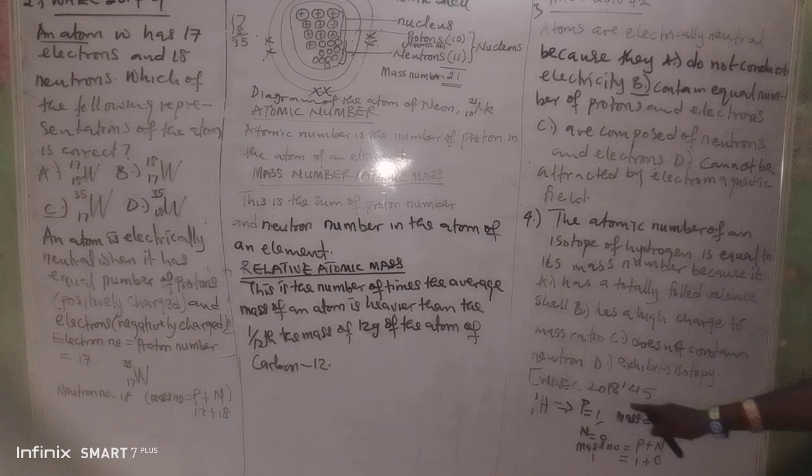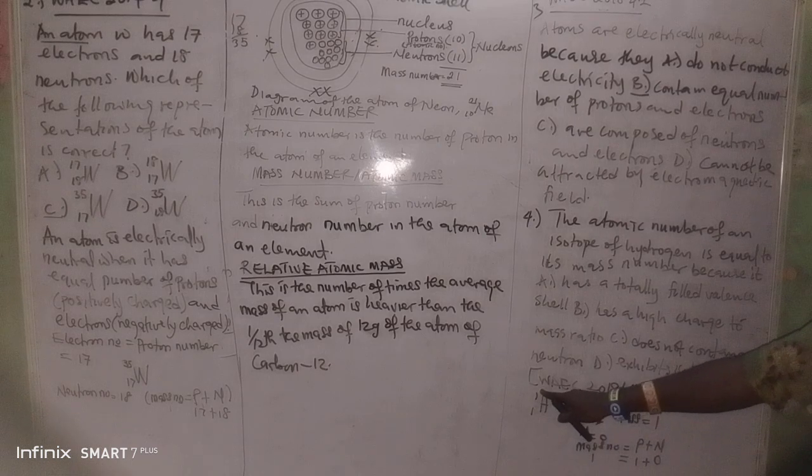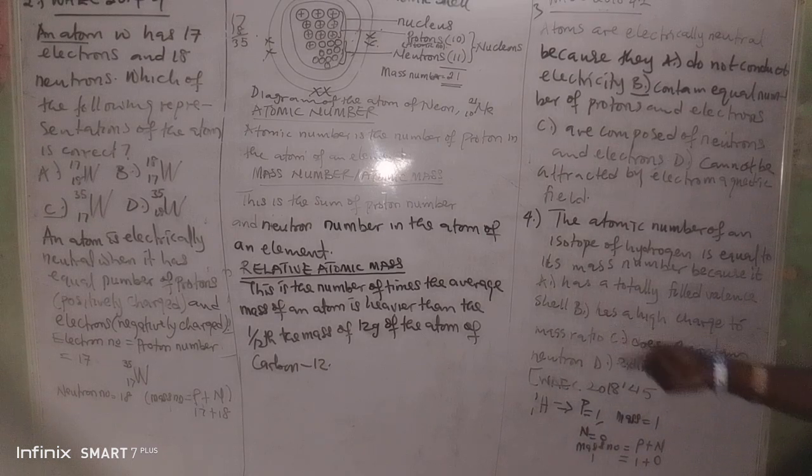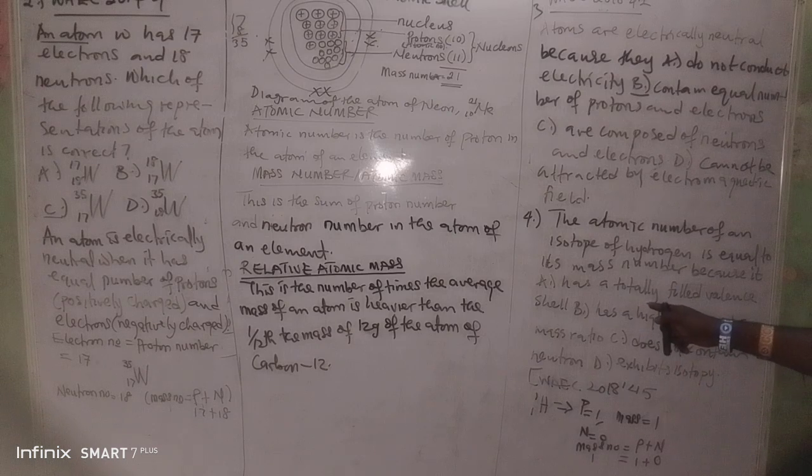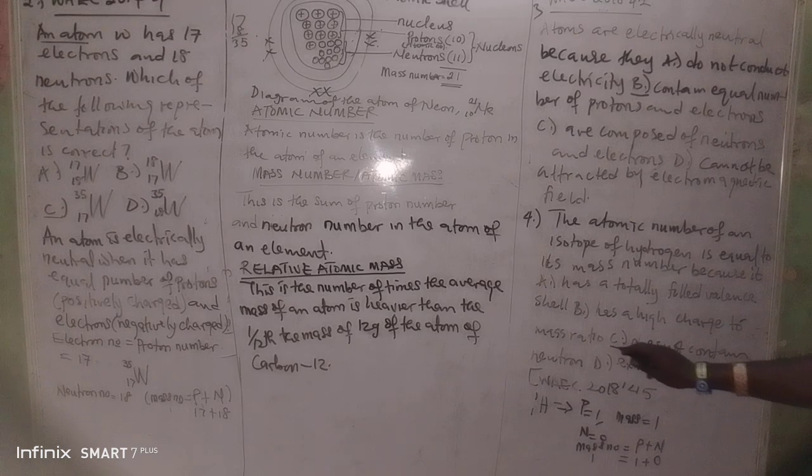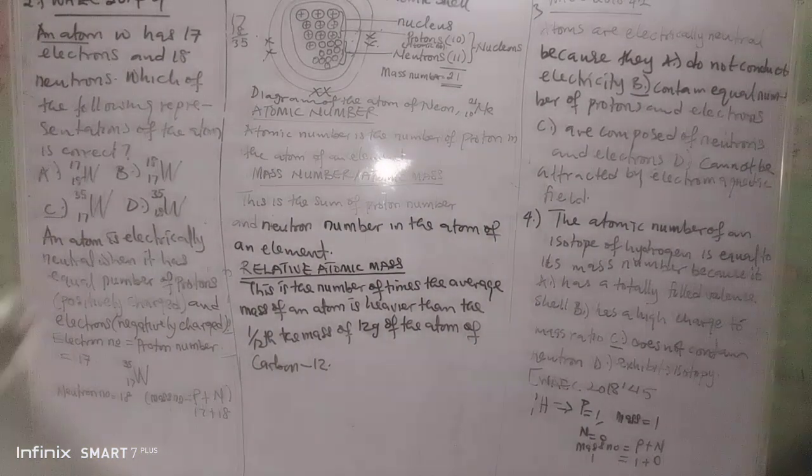The atomic number 1 is equal to its mass number, which is also 1. Because it contains what? Option A says has a totally filled valence shell, no. Has high charge to mass ratio, no. Does not conduct electricity, no. Does not contain neutron. That is the answer. Neutron is 0. So that is the answer there. So let's check another question.